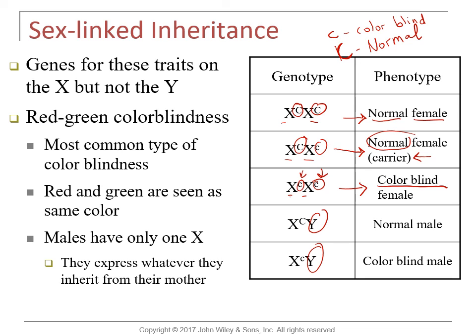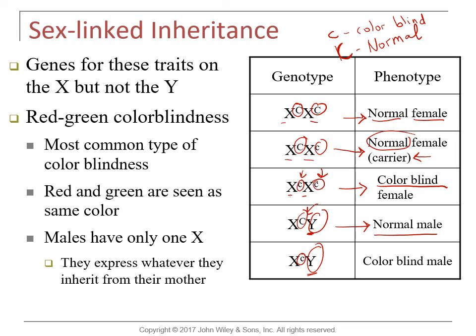Here we have a capital C with a Y, so this individual is a male, and because he has the capital C, he is a normal male. Here we have a little c and the individual is a male.